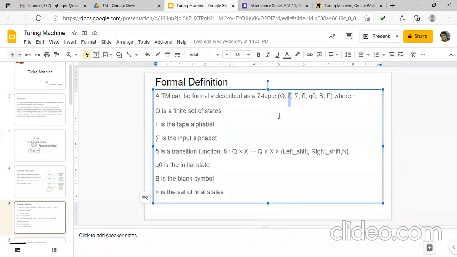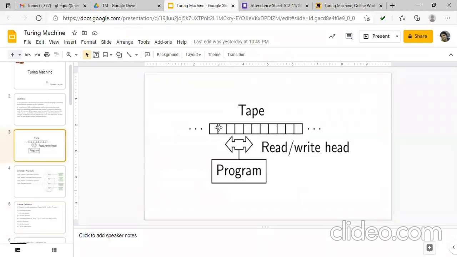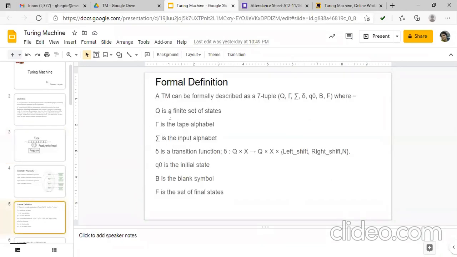Yes, Preeti and Saurabh say push down symbols, stack symbols, right? So tau represents a stack symbol in your PDA. Here we don't have a stack. Instead of stack, what do we have? We have tape. So what does tau represent here? It represents the tape alphabet or tape symbol.